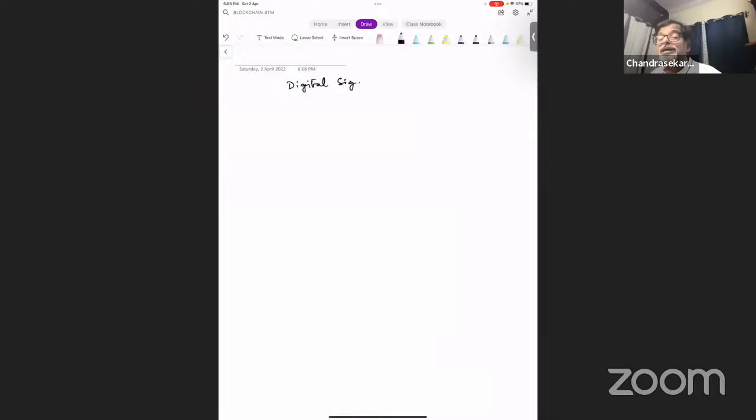There is an elliptic curve digital signature algorithm.